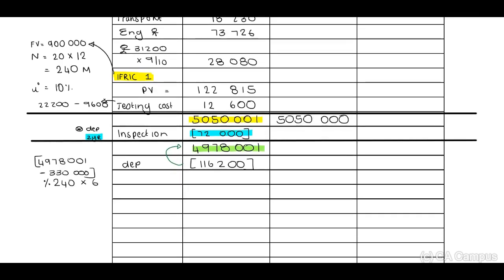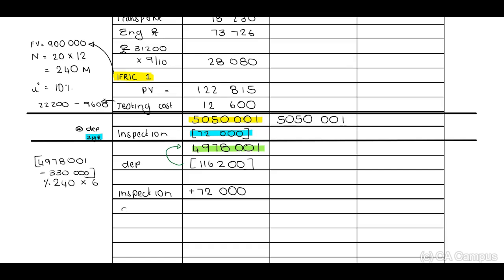Now we need to include our inspection. I'm going to add this back, the 72,000. Remember, this is included in the 5,050,001. So guys, I've identified that this is a 0. This should be a 1. Okay.